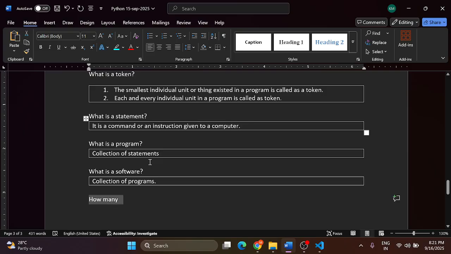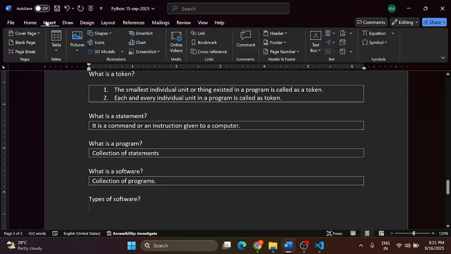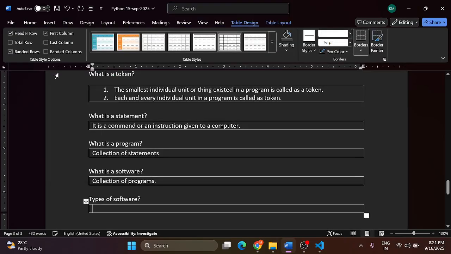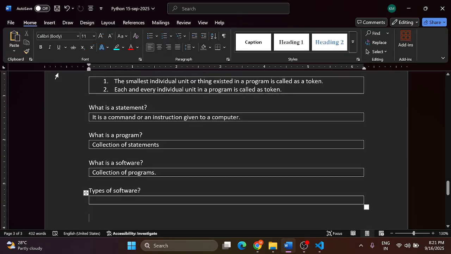Now, types of software. Have you ever heard about types of software? Anybody?